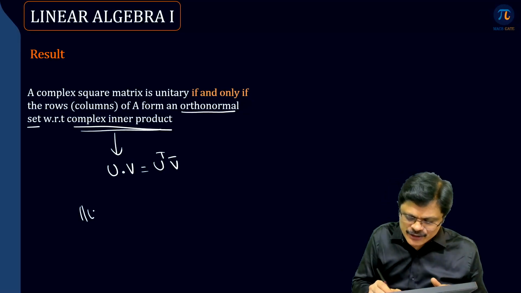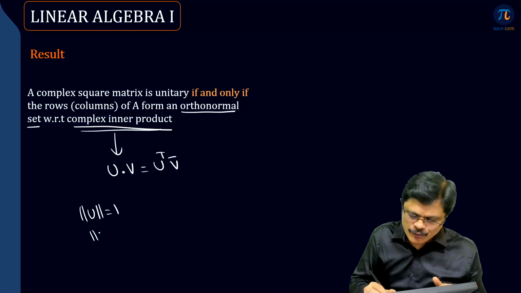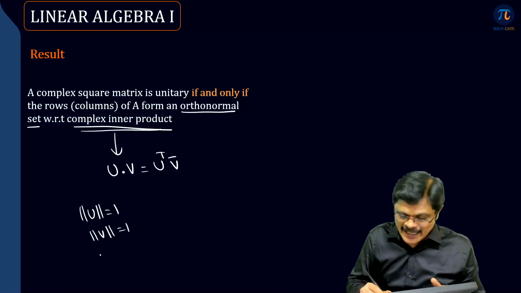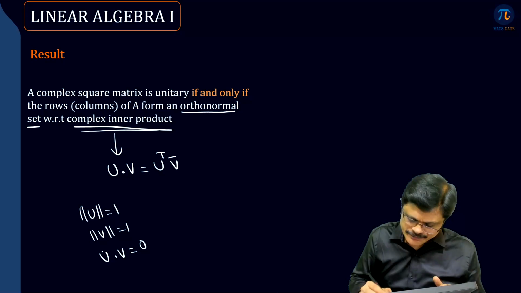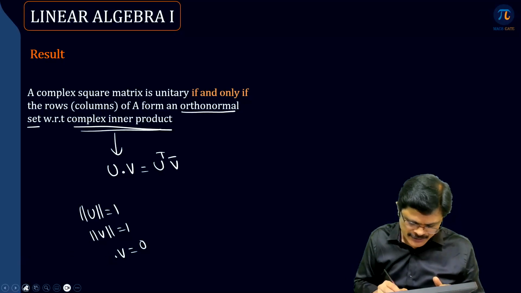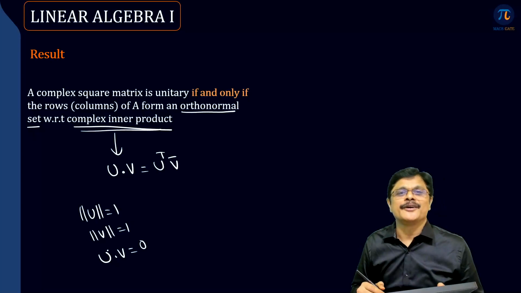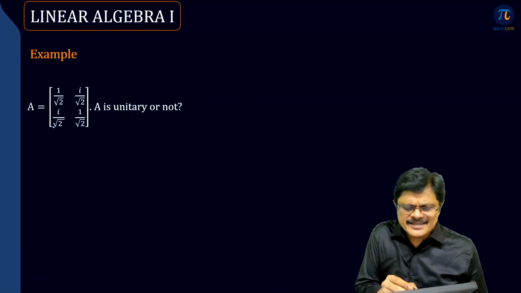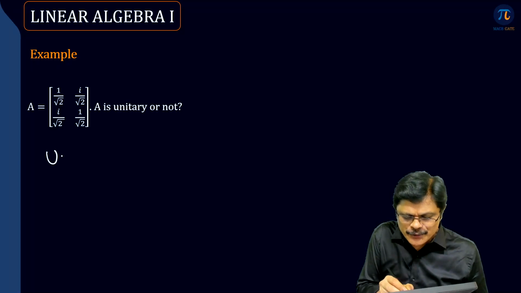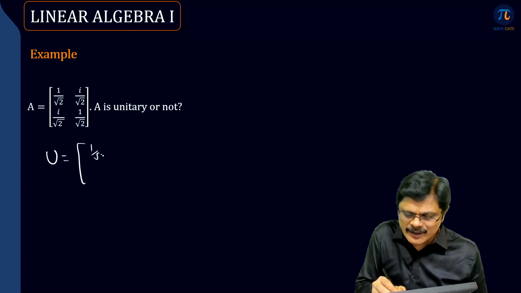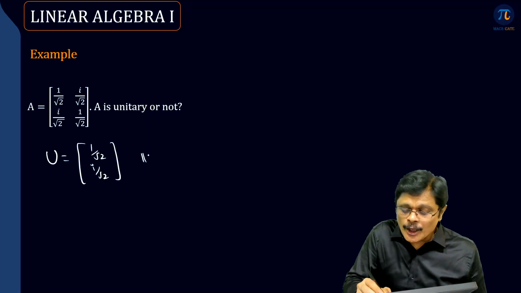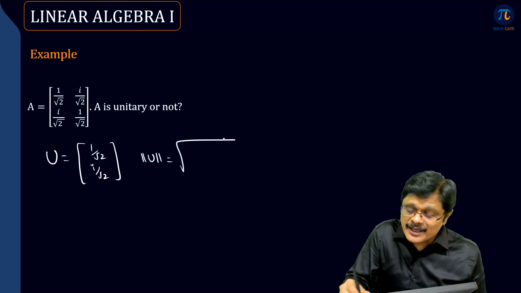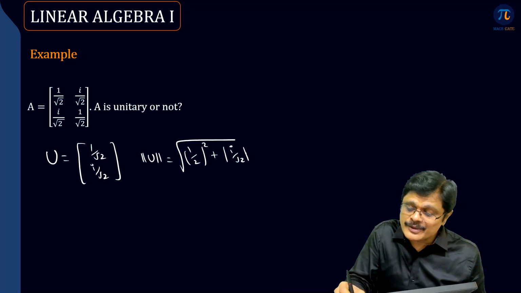That is, the length of vectors must be equal to 1 and the dot product must be equal to 0. The simple way of verifying this is, you can just check the vector u, which is 1 by root 2, i by root 2. What about the norm? The norm of this is mod 1 by root 2 whole square plus mod i by root 2 whole square, sir.